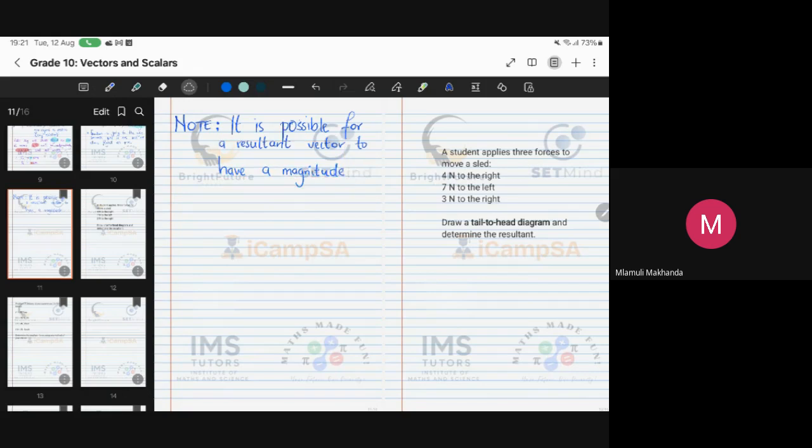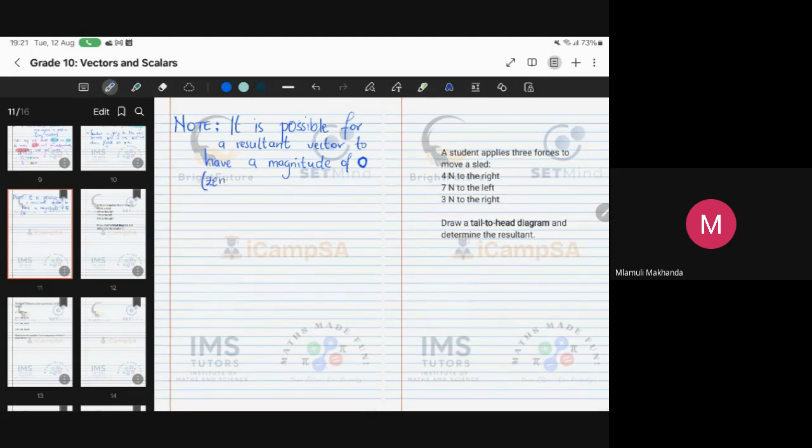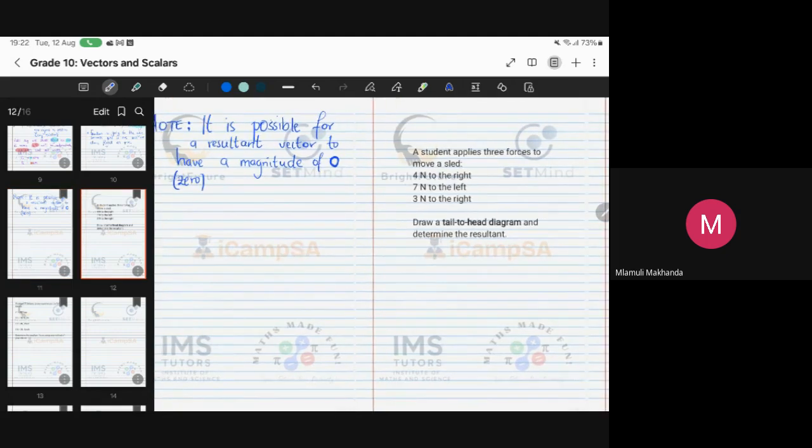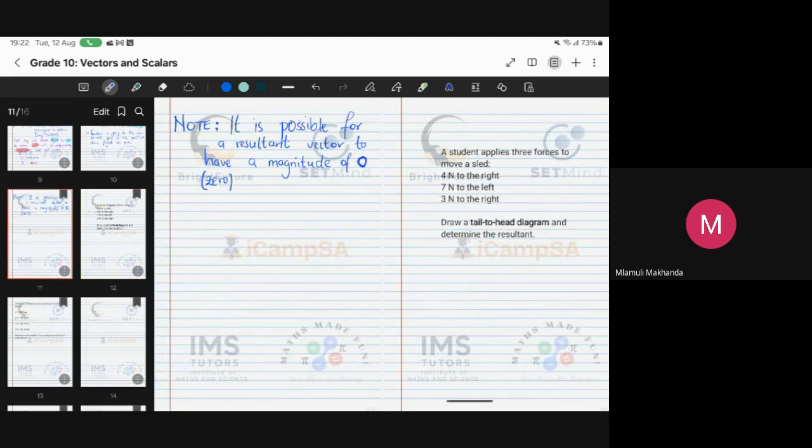Guess what the magnitude I'm talking about is? Type it there, I want to see it. It is possible for a resultant vector to have a magnitude of, let me write it, 0. Right. So we will use our next example to show you how that is possible. See next example.